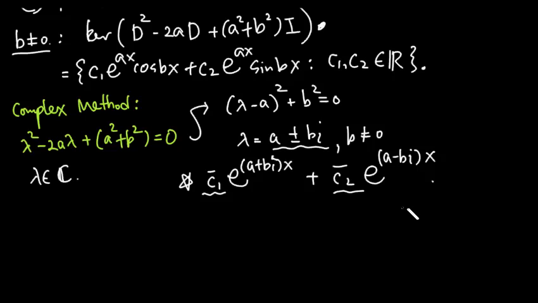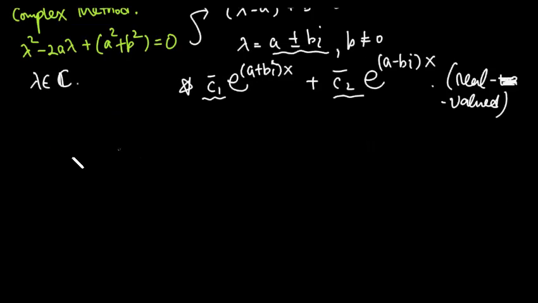But what we're interested in here is real valued functions. So you have to sort out which part is the real part and which part is the imaginary part. I wrote it up there. Simply, I'm going to write C1 bar as C1 plus C2 i, complex numbers, and use Euler's formula or polar form to rewrite this in terms of sine and cosine.